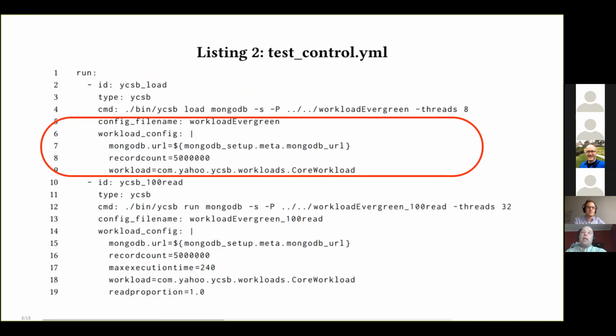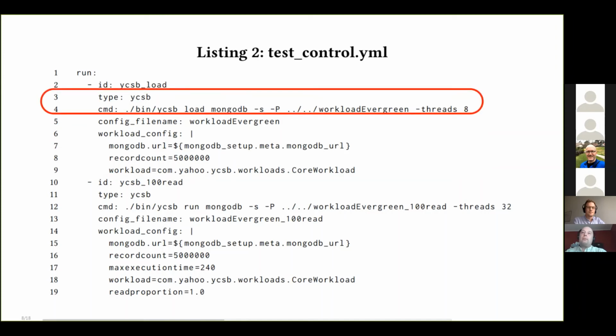Here again, we embed a YCSB configuration file. And one of the configurations is where the MongoDB cluster is. At the top here is the actual benchmark, YCSB, and this is just a command line. Here you can see we designed DSI so that you can essentially execute anything you want. You could even write your own executable if you want to test a workload that you wrote yourself.